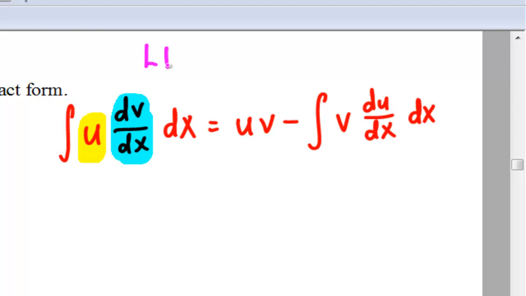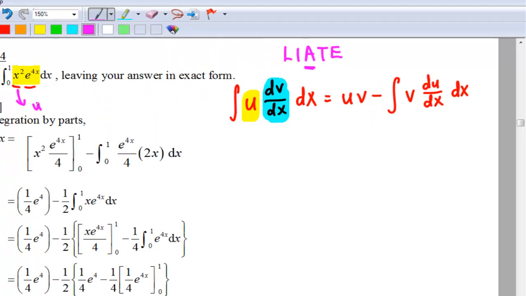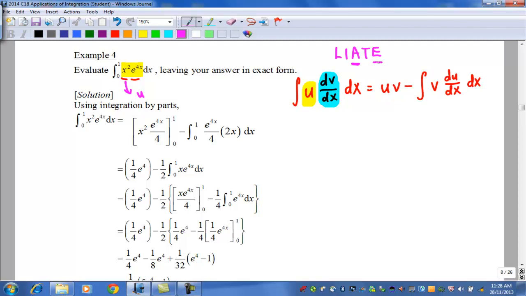And by the LIATE rule, since algebraic expression comes first, we will let x squared be the u. And since the exponential expression comes next, we will let this be our dv dx.